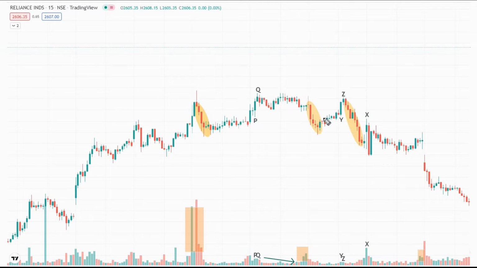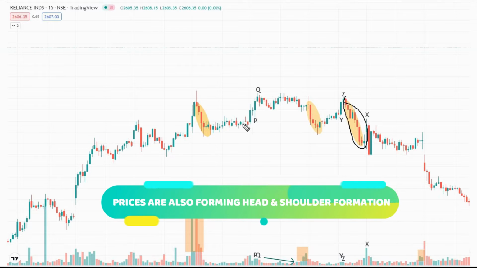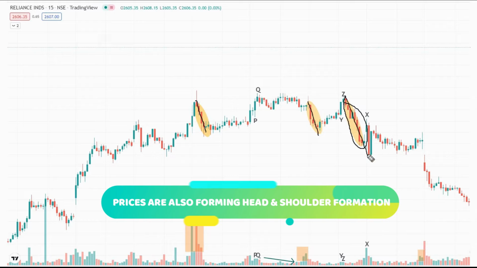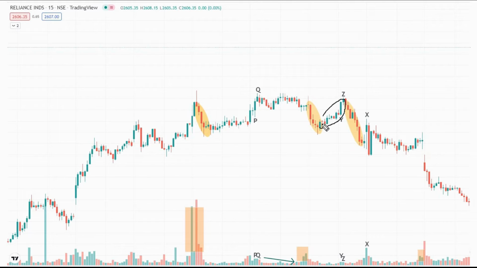Now what happened? See the huge selling pressure. Again we are seeing strong selling momentum in the markets. This was a good buying pressure. Buyers this time tried very hard to break this level and continue the upward momentum.